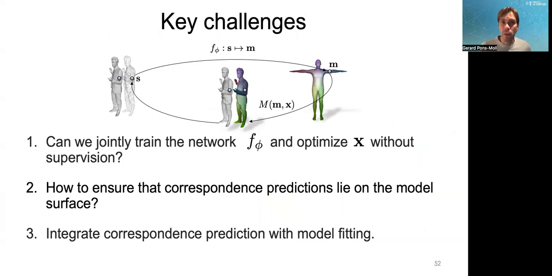If I train a network to predict from every scan point a three-dimensional point, how can I guarantee that this three-dimensional point actually lies on the surface? That's really difficult for a network to do, to make predictions that lie on a manifold, because the network will spit out three numbers, and to guarantee that these three numbers are on the manifold is difficult. And three, how do you actually integrate this correspondence prediction with model fitting in a joint training process?